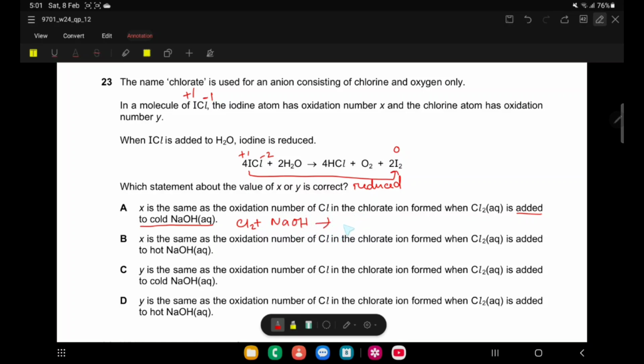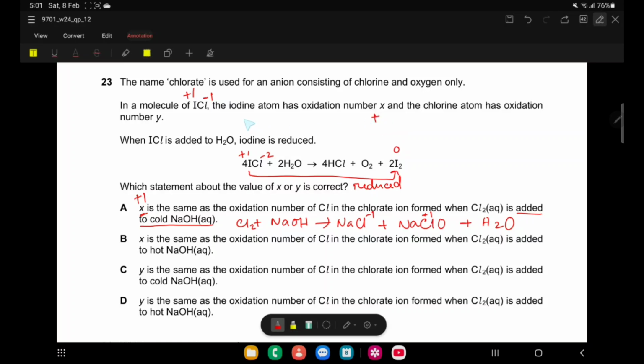The products are sodium chloride and sodium chlorate(I), NaClO, plus H2O. Here this is +1, this is -1, this is +1. So in a way this statement is right because X is +1.